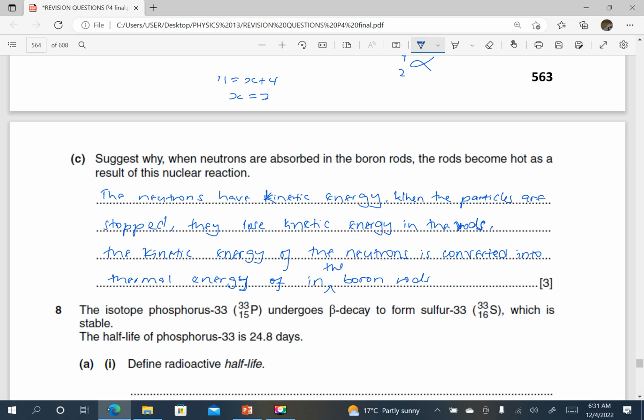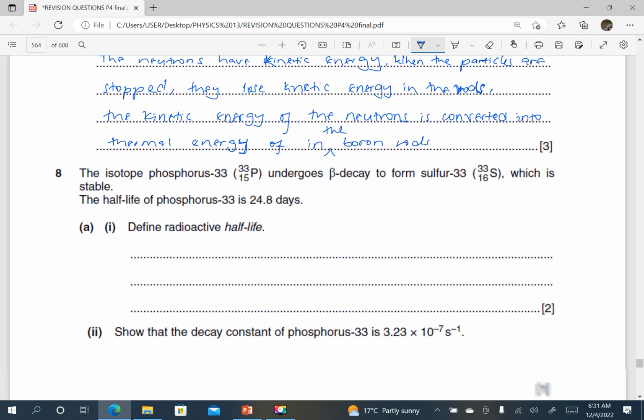The isotope phosphorus 33 undergoes beta decay to form sulfur, which is stable. Remember, whenever they don't tell you which beta particle, just know it is beta minus. The half-life of phosphorus 33 is 24.8 days.